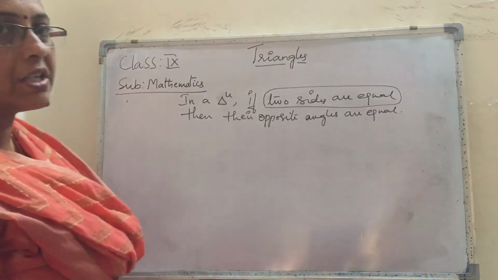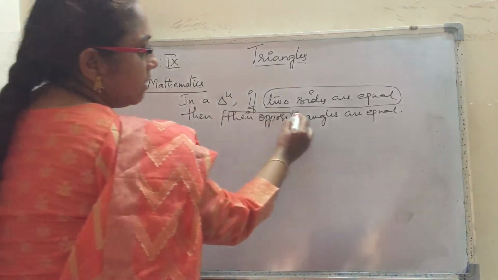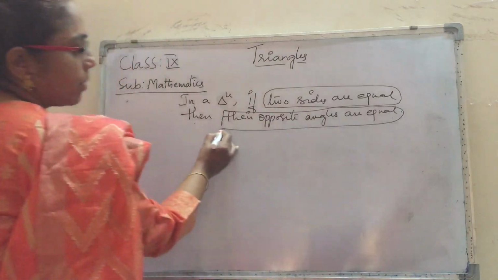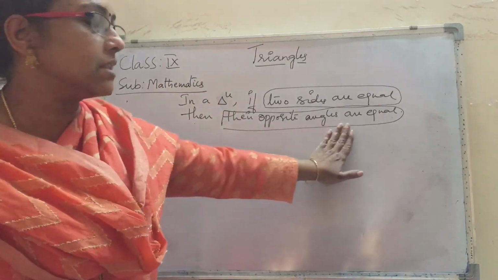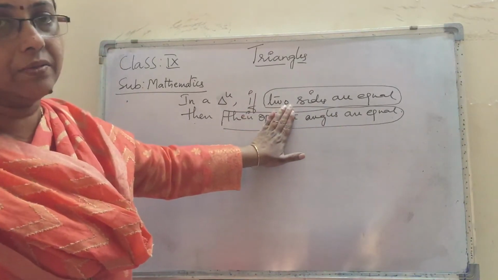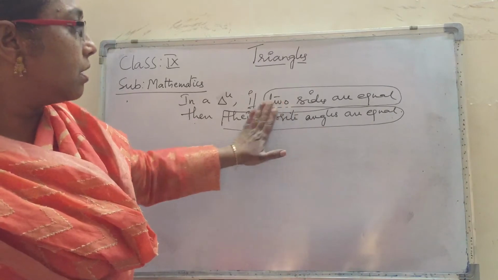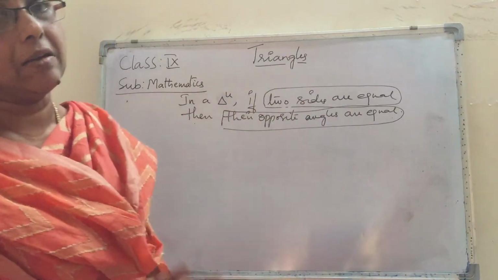The if part is called the given part. After that, what is there? That is called the conclusion part. Here the conclusion part is that their opposite angles are equal. Okay children? If 2 sides are equal, their opposite angles are equal.